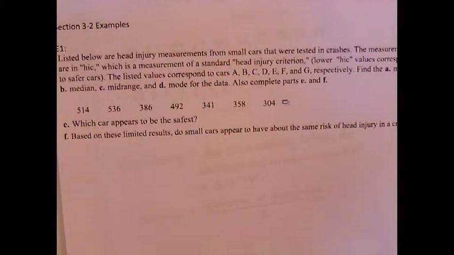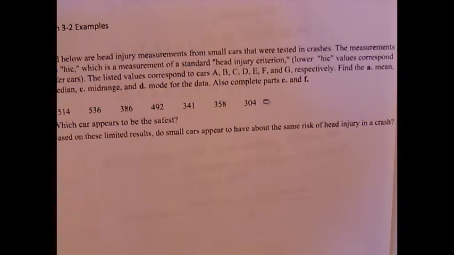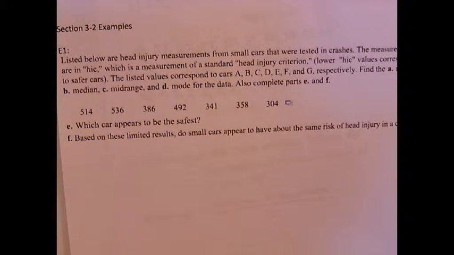Alright, listed below are the head injury measurements from small cars that were tested in crashes. The measurements are in HIC, which is a measurement of a standard head injury criterion. The lower HIC values correspond to safer cars. The listed values correspond to cars A, B, C, D, E, F, and G, respectively.